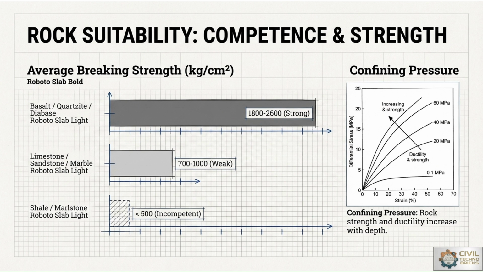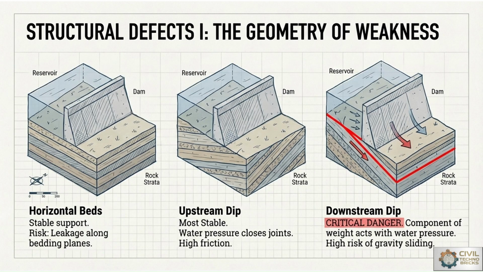The acting load must be checked on the basis of the type of rock available, like basalt, quartzite, limestone, sandstone, shale, and marlstone. With reference to those rock types, we have to check the competence and strength of that rock, where the suitability of rock is identified, and we can finalize the dam or site suitable structure.